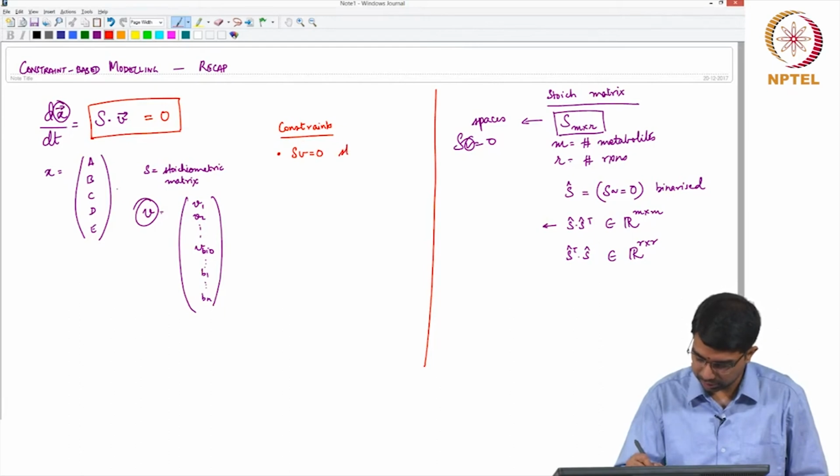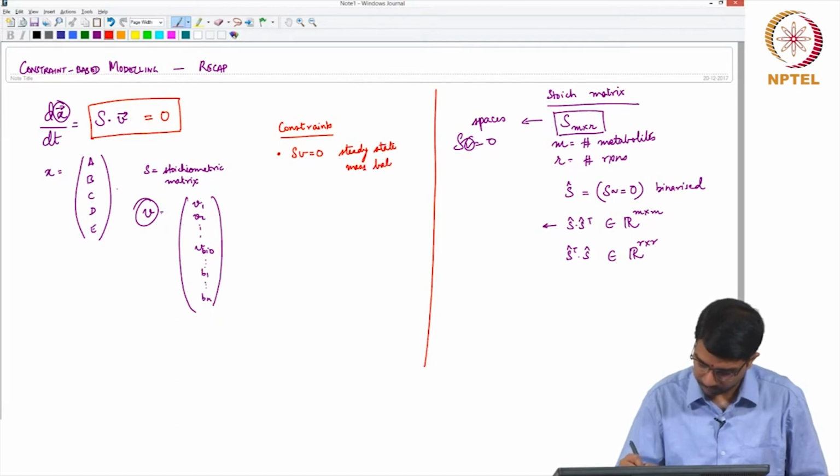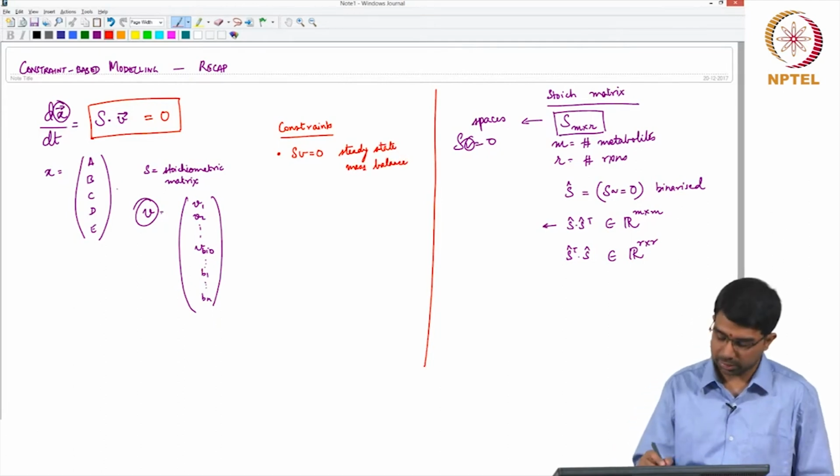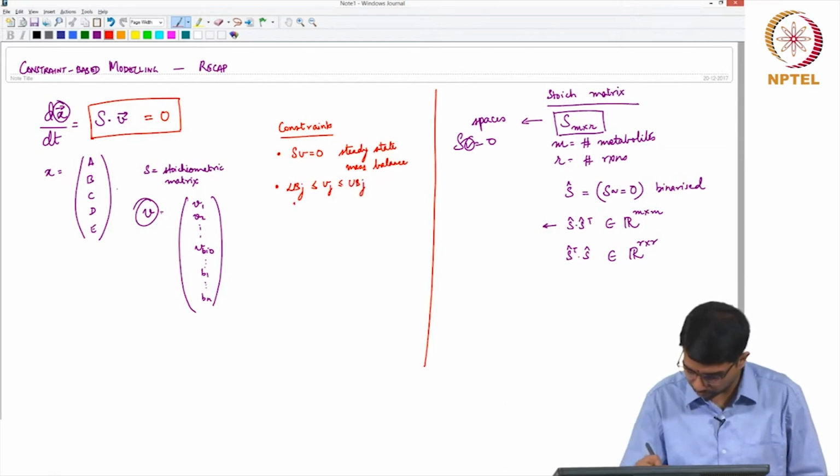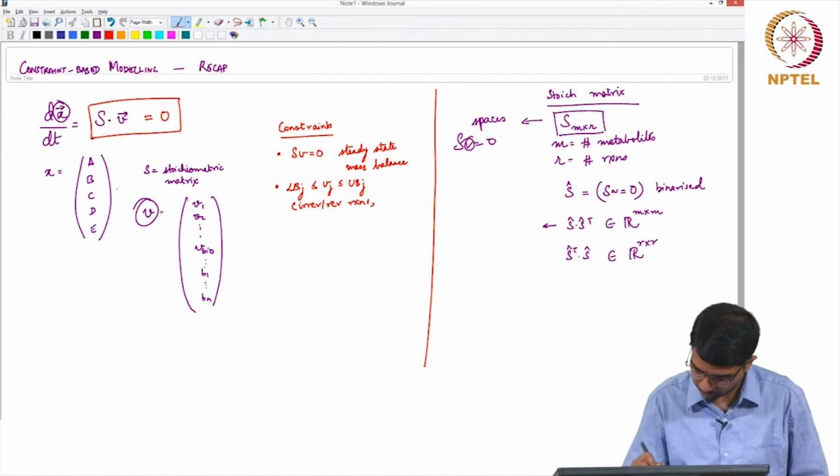Steady state mass balance, right. What other constraints did we impose? Some lower bounds and upper bounds. This also accounted somewhat for thermodynamics.